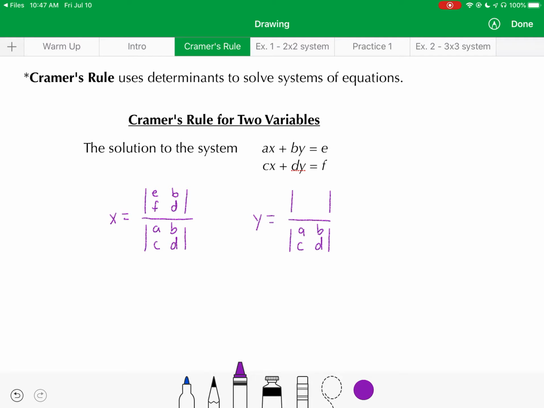And then in the numerator, since we're solving for y, we are now going to take the coefficients from the y variable, which are b and d, and those are going to be replaced with the constants of the equations. So e and f would make up the second column here, and then the first column would be the coefficients of x, so a and c. Think of these like formulas that you can use to solve a system.